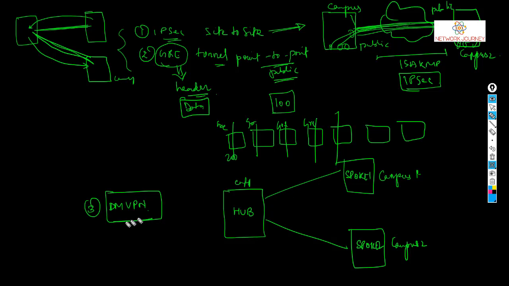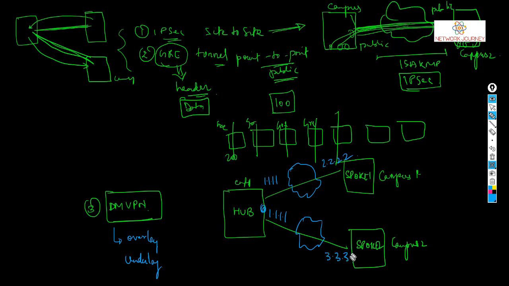The reason is DMVPN works on the concept of overlay and underlay. That means you will have the tunnel over the ISP, which needs public IPs. So let's say 1.1.1.1, 2.2.2.2, and over here I have the same terminating interface, 3.3.3.3, but my traffic is not moving on the public IP.